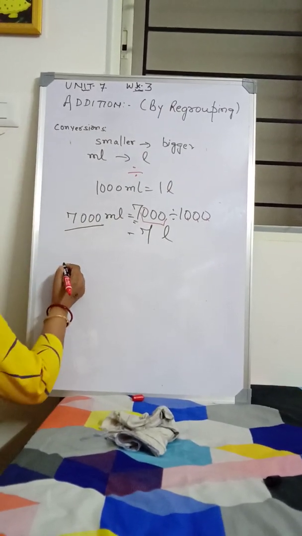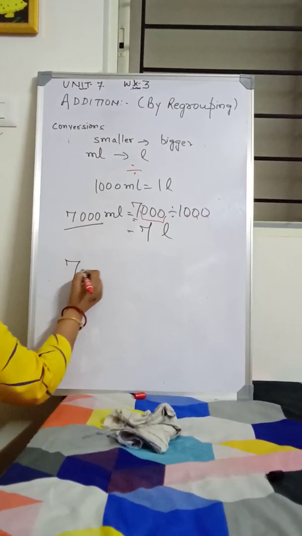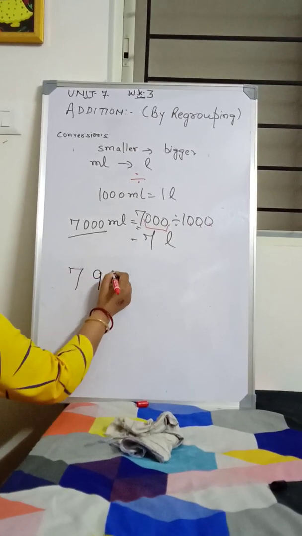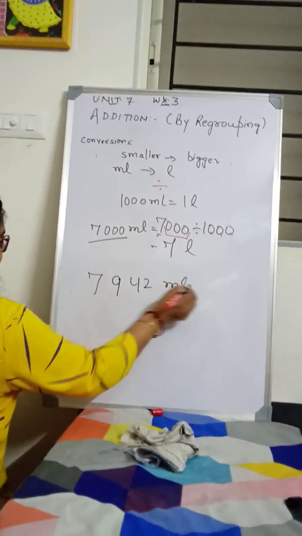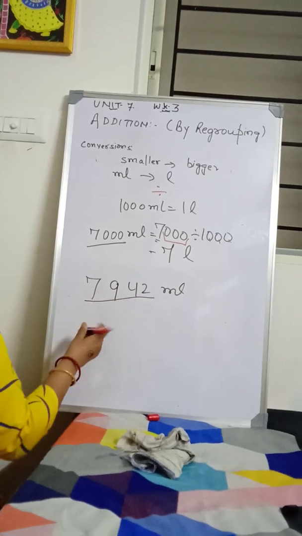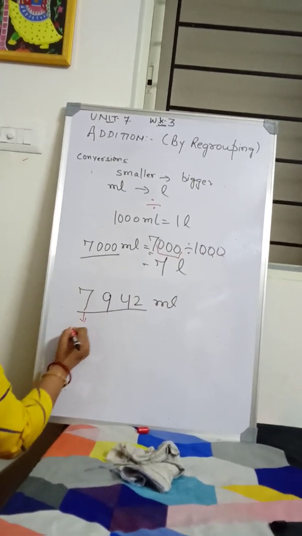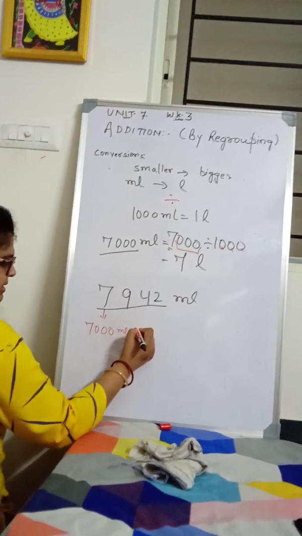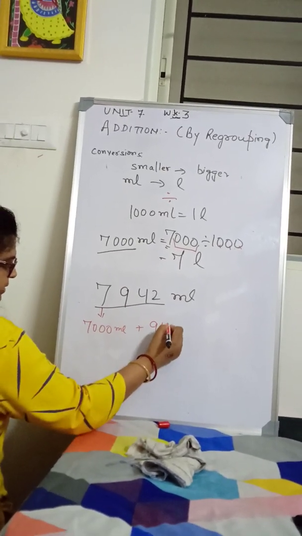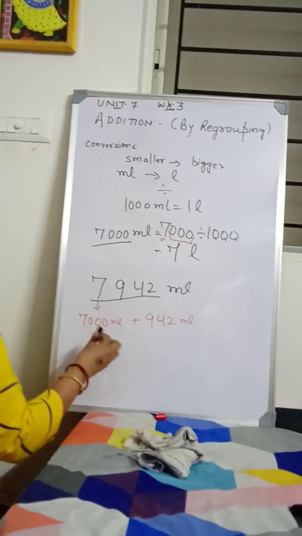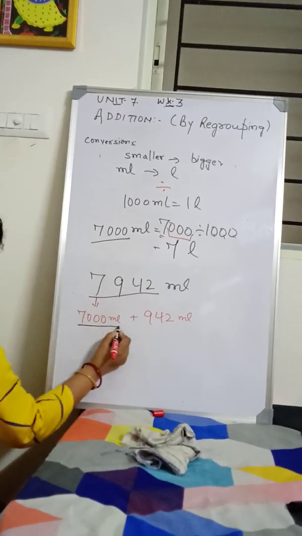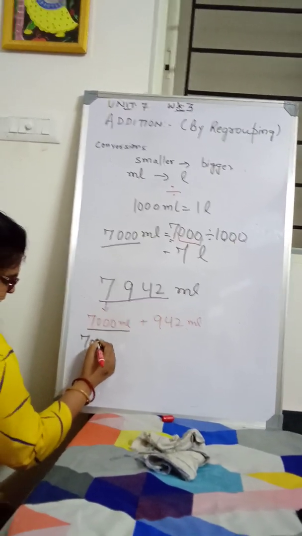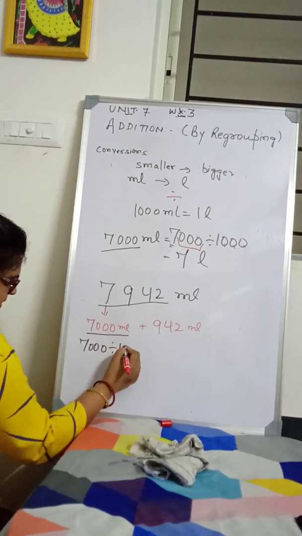Now let us take a little bit more complicated example, 7942 milliliter. So here 7942 is having first 7000 milliliter, plus 942 milliliter. So let us convert this 7000 milliliter into liter by dividing 7000 by 1000.